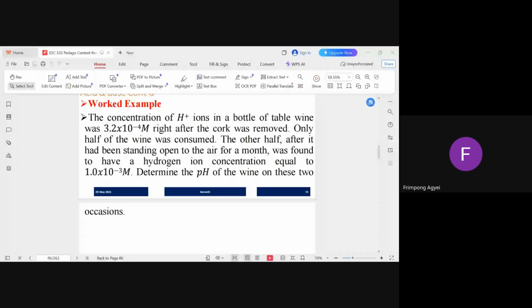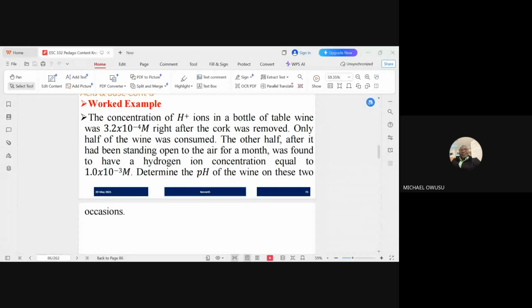Francis, start from where she read. The pOH is starting from there again. Okay, so she got the pOH to be 12.4.